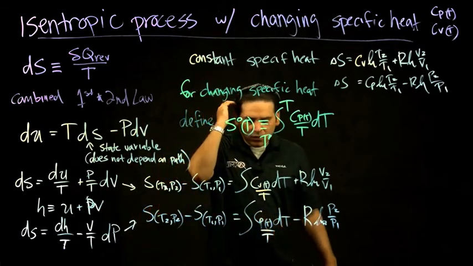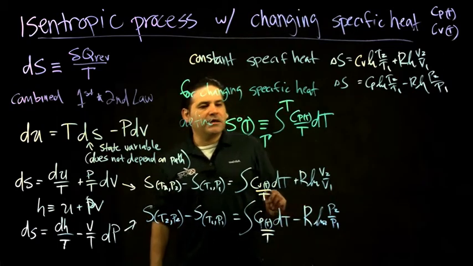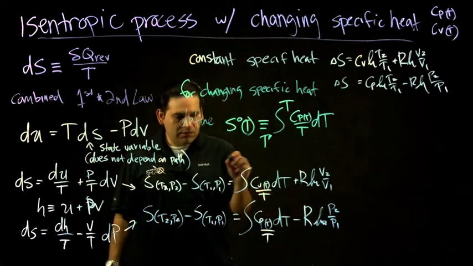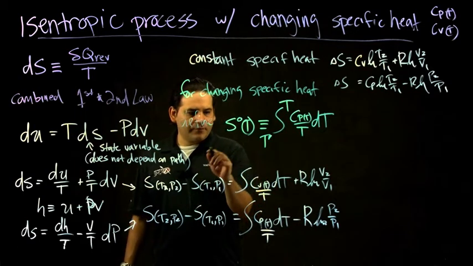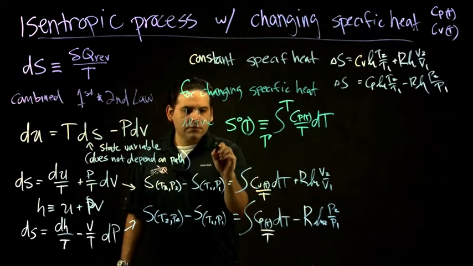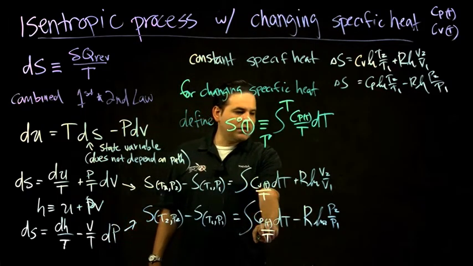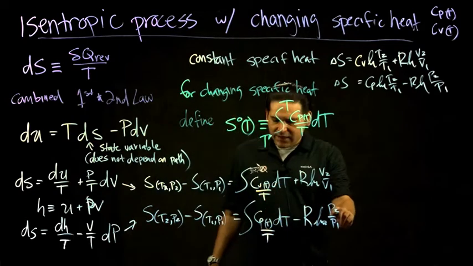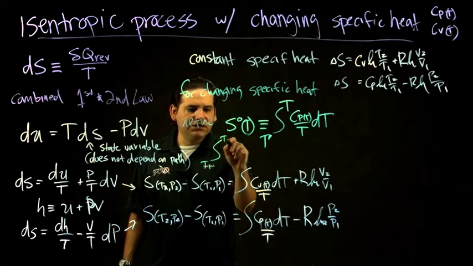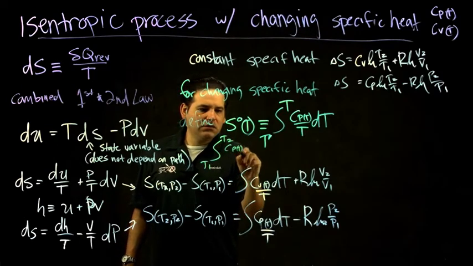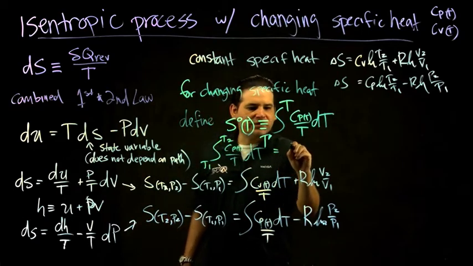Okay, so when we do that, we can write this integral here. So in this specific case, if we're going to do this integral here, we would be able to say that the integral from T1 to T2, accounting for the change in temperature, can be expressed in terms of these references here.